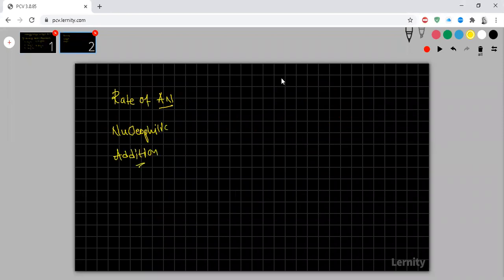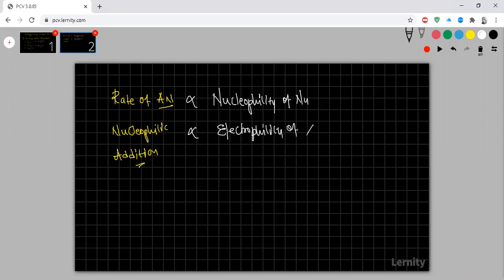So the rate of nucleophilic addition is directly proportional to the nucleophilicity of the nucleophile and directly proportional to the electrophilicity of the C=O group, and hindrance.